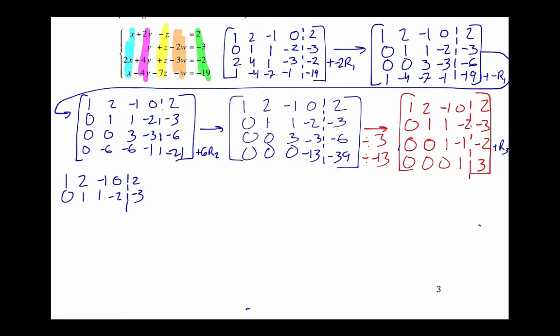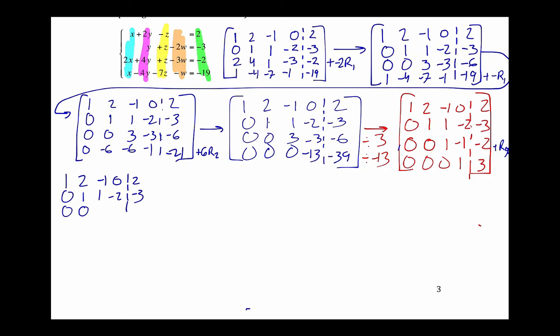Now the third row, we're going to add row 4 to row 3. So we're going to take everything in row 4, starting off with 0 plus 0, that's 0. The next one's also 0 plus 0. Then we have 0 plus 1, which is 1.